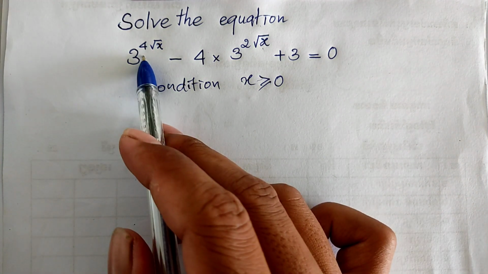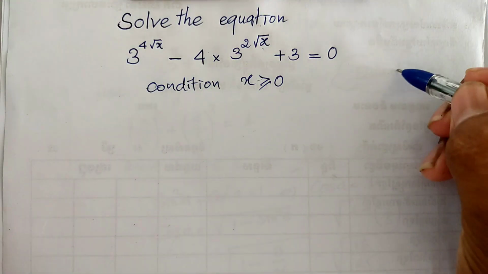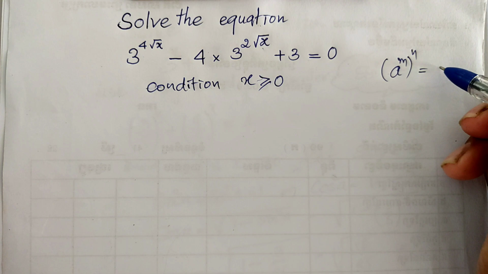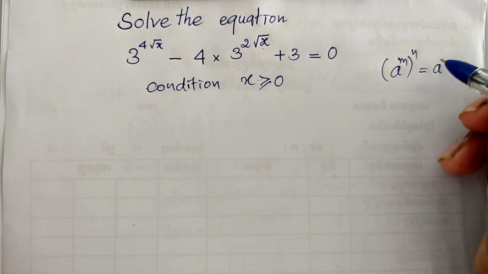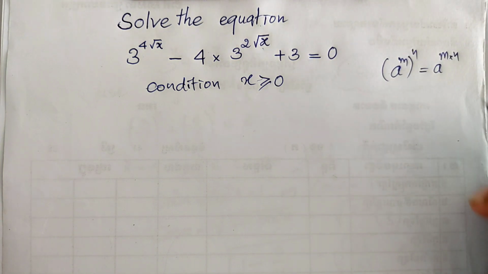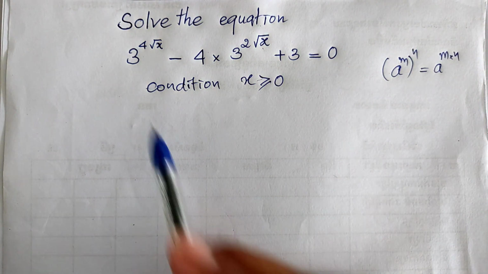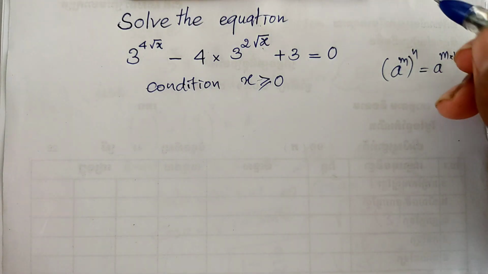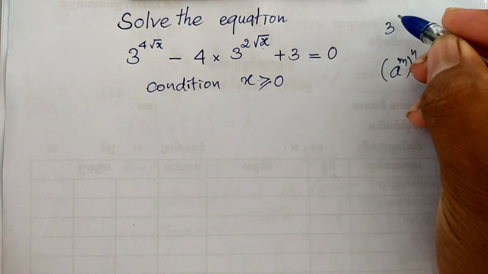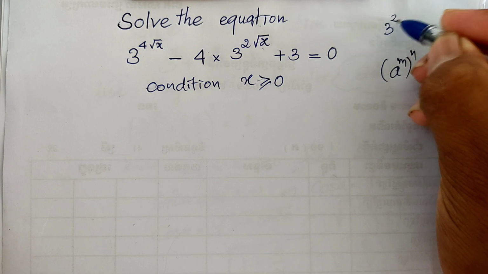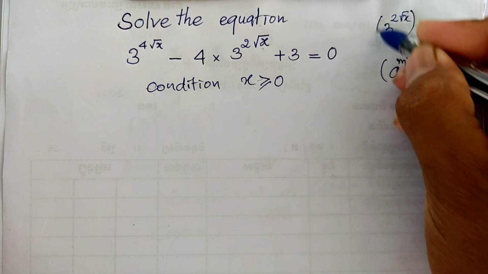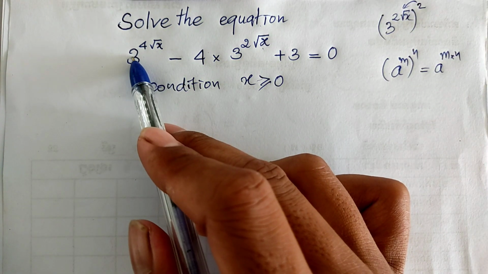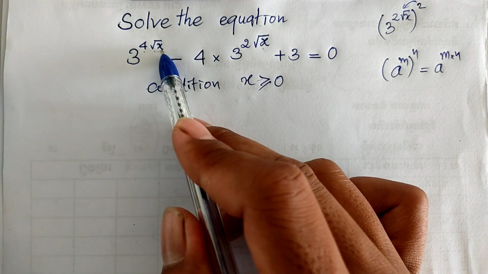Now we use the rule that a power m times n can be written as a power m, all power n. And this 3 power 4 square root h we can write as 3 power 2 square root h, all squared. If we multiply it in, we also get 3 power 4 square root h.